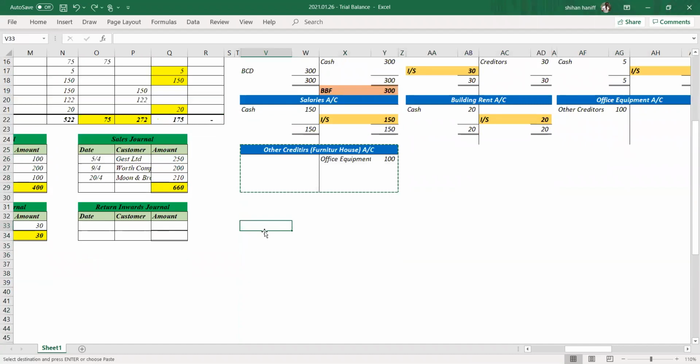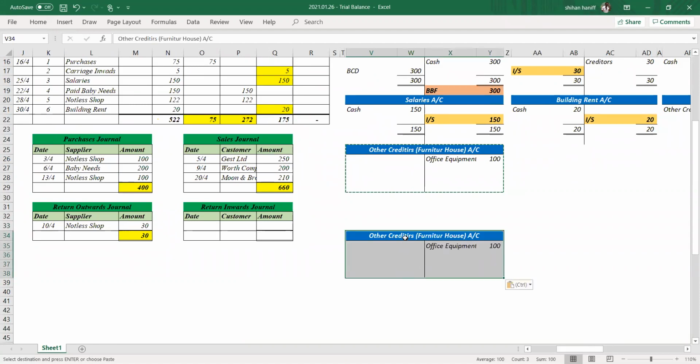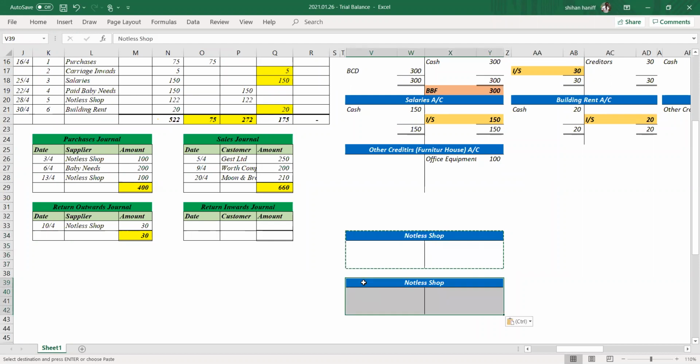Take the format. So first let's draw the creditors. We have two suppliers, Not Plus Shop and Baby Needs.